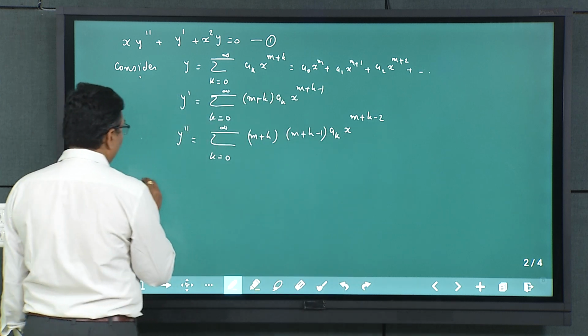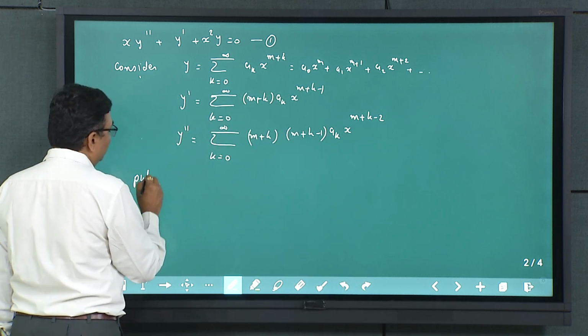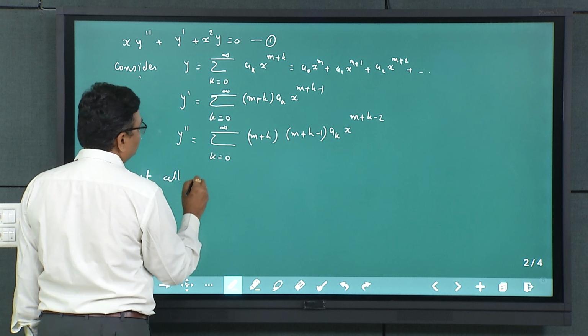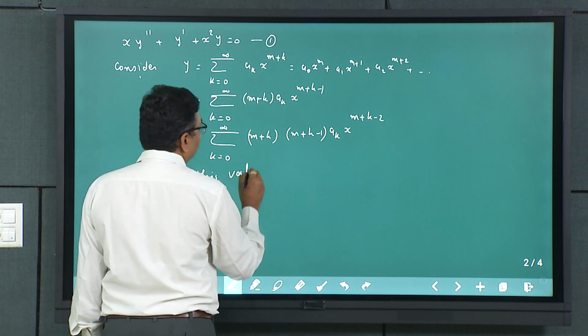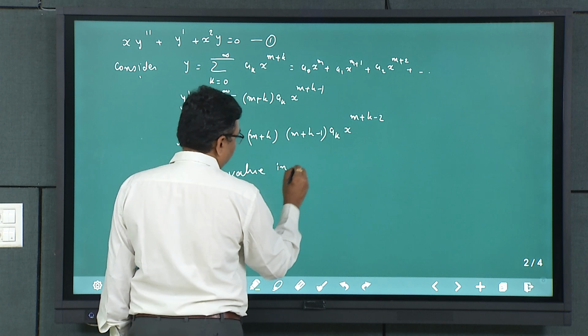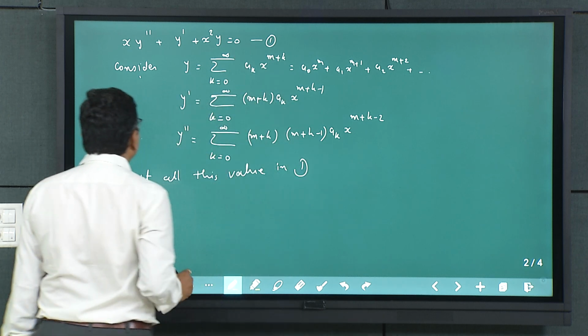Now put all this value in 1, આ બધી જ વેલ્યુ 1 માં મૂકીએ.